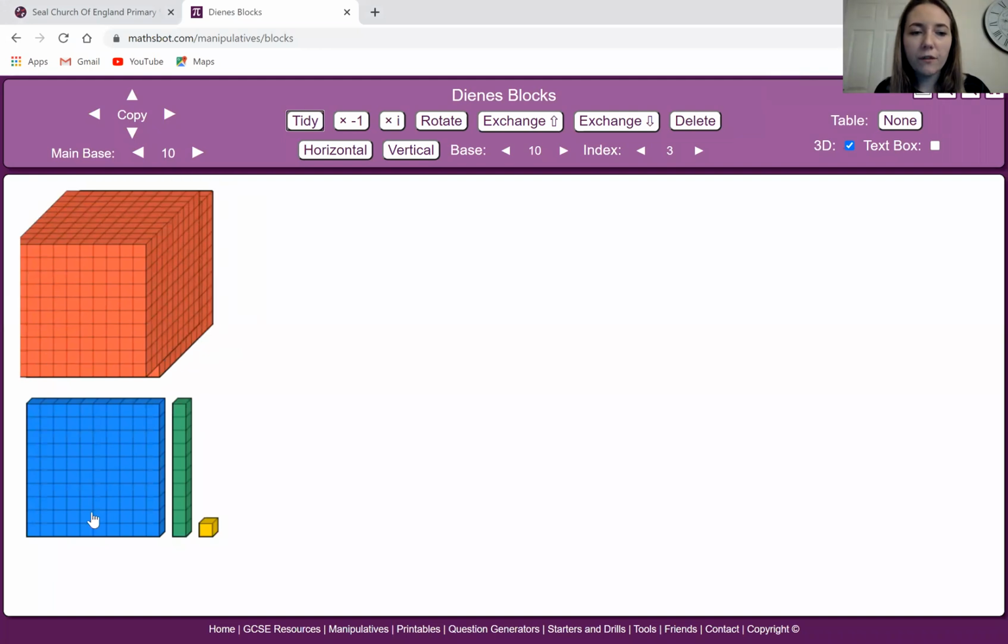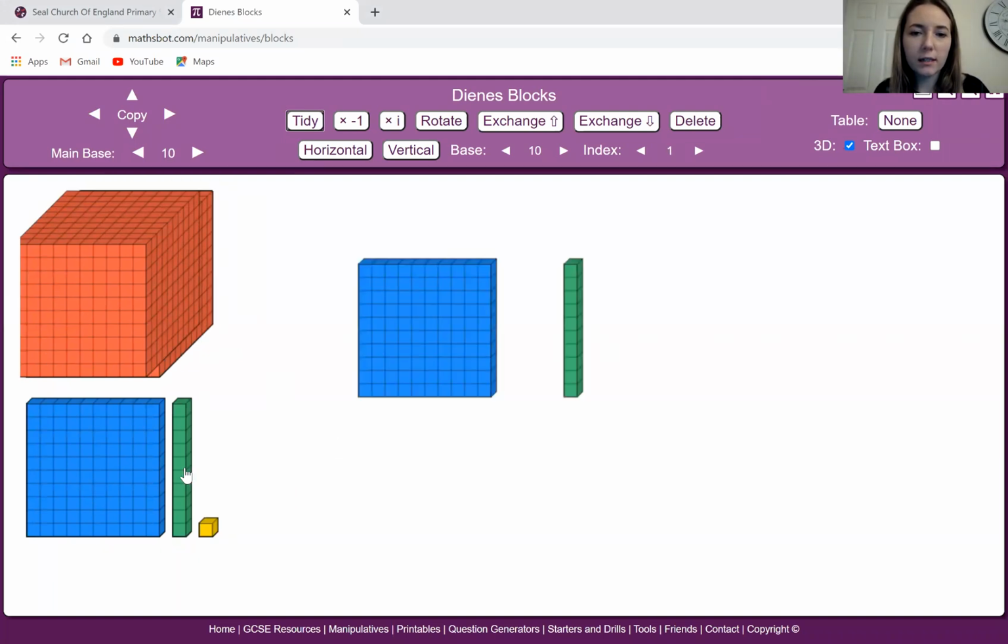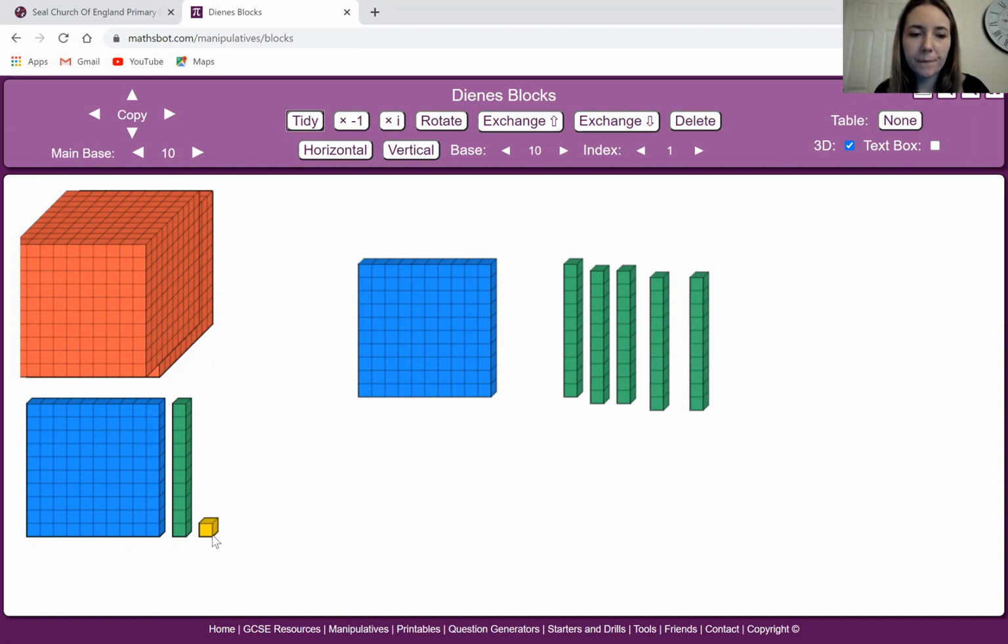So if we've got 152, I'm going to create 152. And let's say I needed to take away 52. Can you already predict what the answer is going to be?